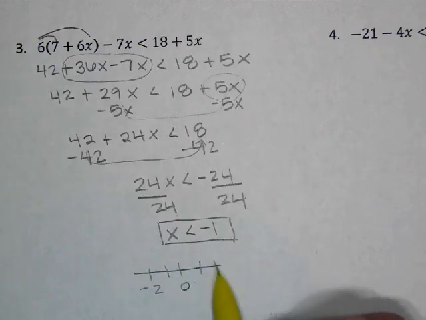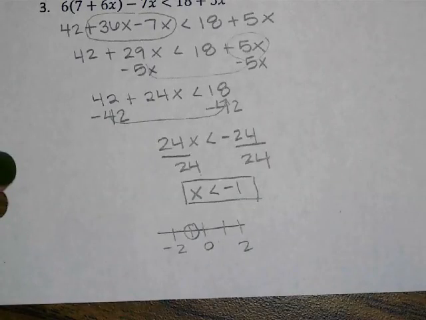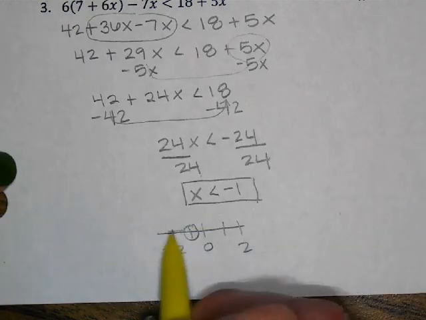Should the circle be filled in or not filled in? Not filled in. Okay, and then which way should the arrow go? To the left. Okay. Do you guys need one more example, or do you feel like that was good?